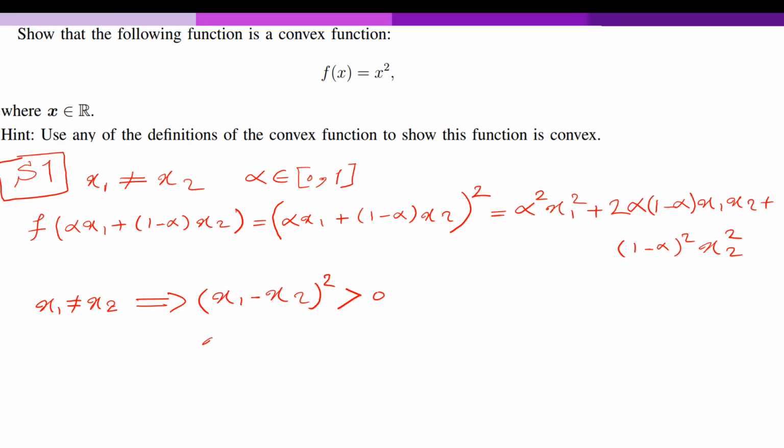So x1 squared plus x2 squared minus 2 x1 x2 is greater than 0. Therefore, x1 squared plus x2 squared is greater than 2 x1 x2. Alright, so let's continue that on the next slide.